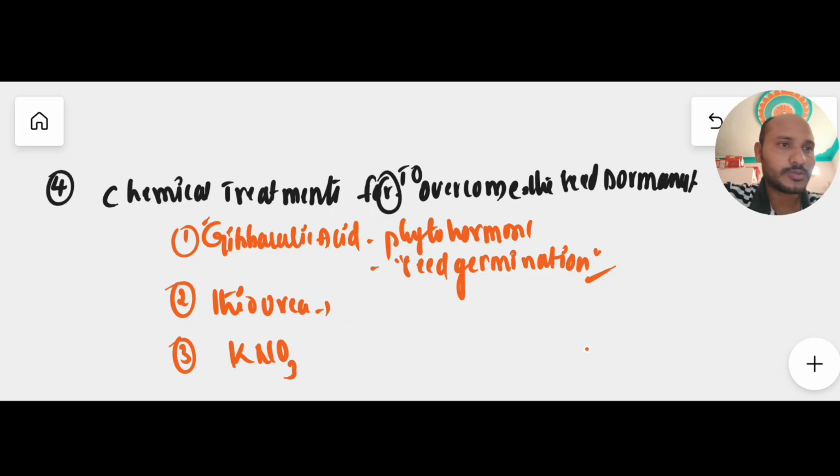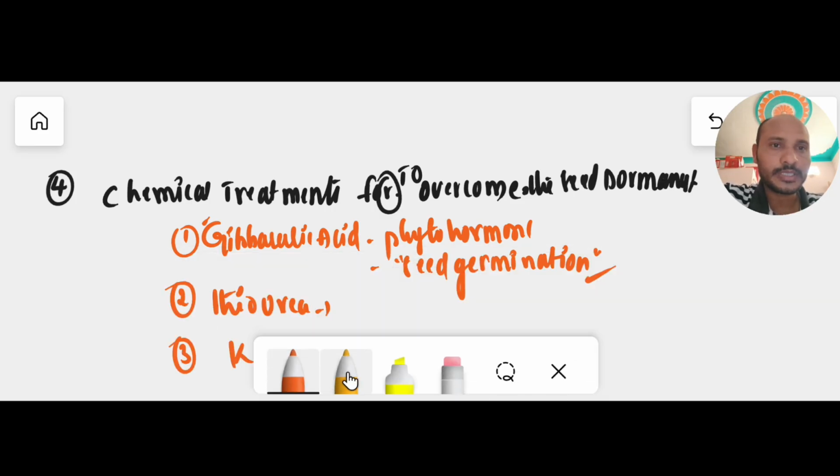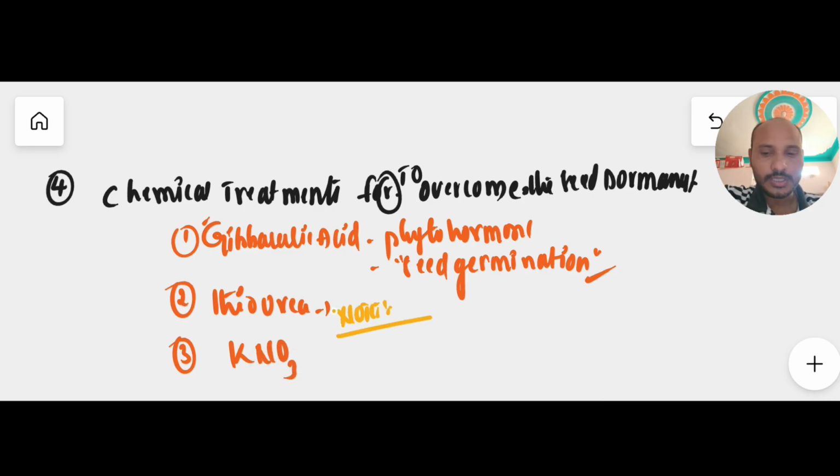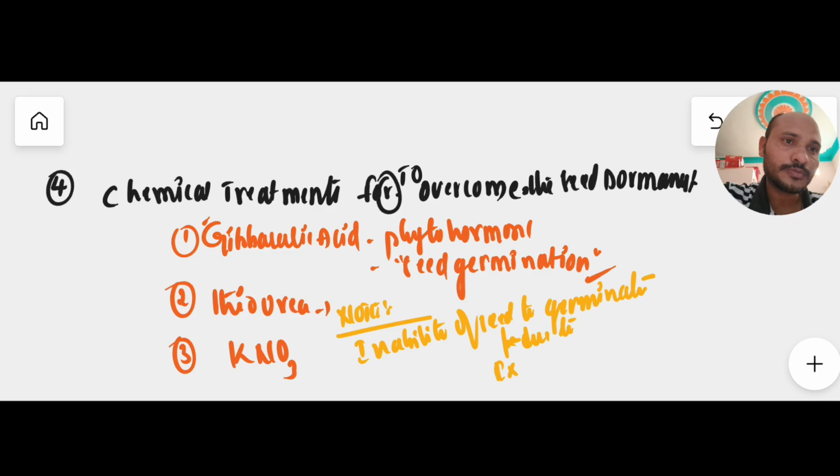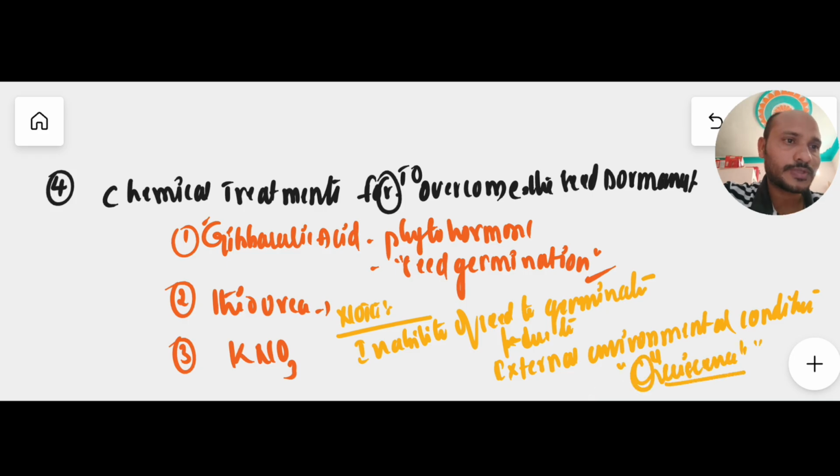And there is one important note here, and sometimes they may ask it. The inability of a seed to germinate due to external environmental conditions is called quiescence. For example, external environmental conditions like improper light, improper temperature, and insufficient water and oxygen. So these are the external factors: light, temperature, water, and oxygen.